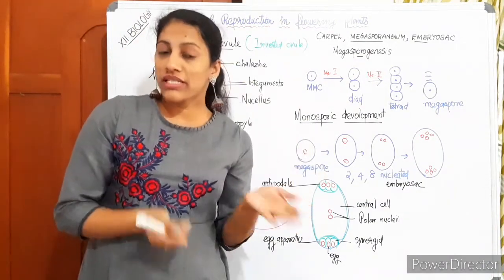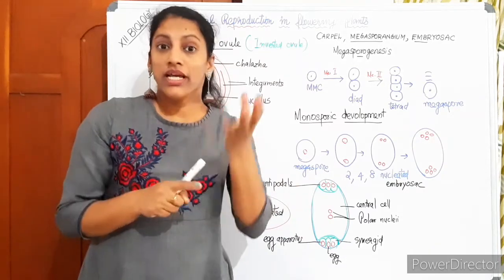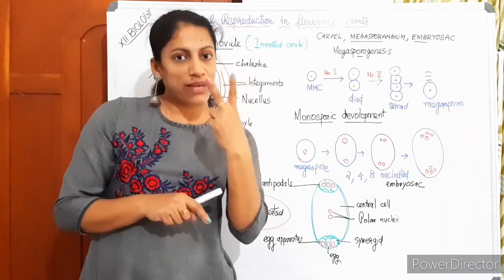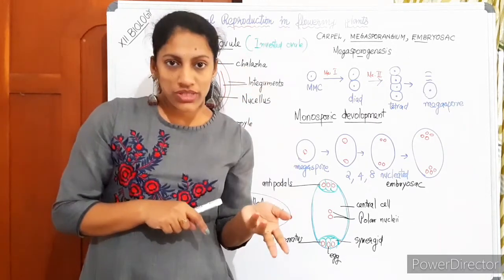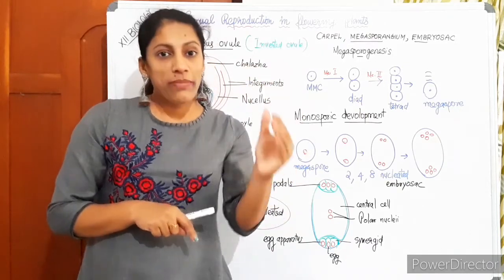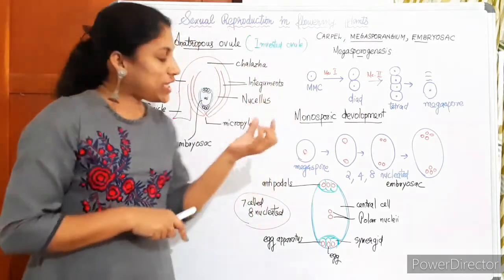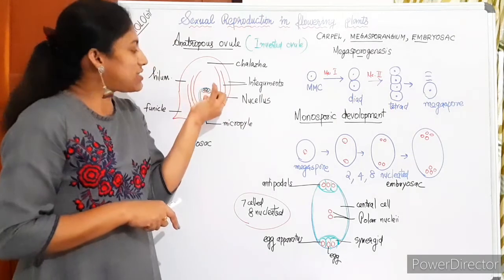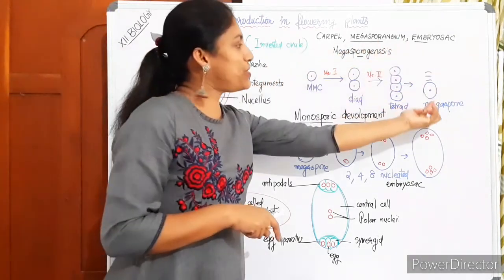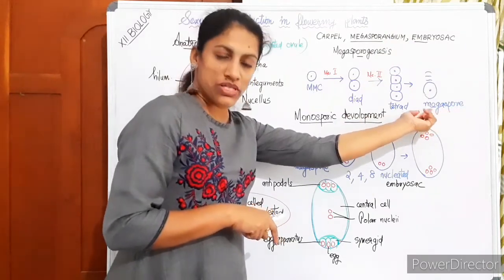Last class we discussed the development of male gametes inside the pollen grain from the generative cell. Two male gametes are formed. And here now it's clear, I think, where the female gamete is formed. Female gamete is formed within the nucellus inside the embryo sac. After megasporogenesis, one megaspore is formed.